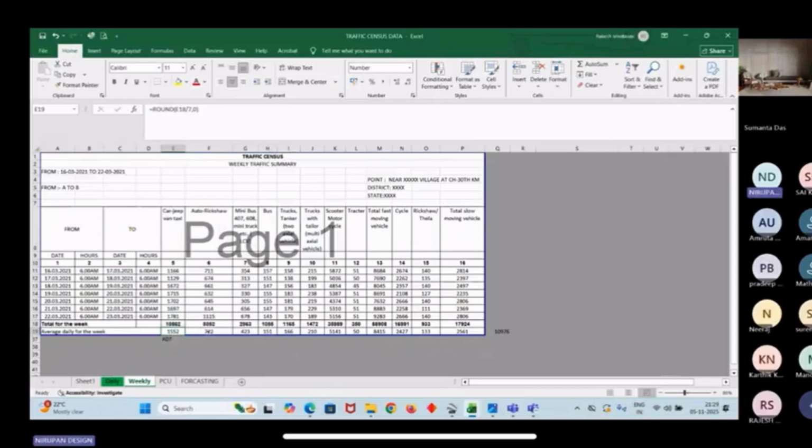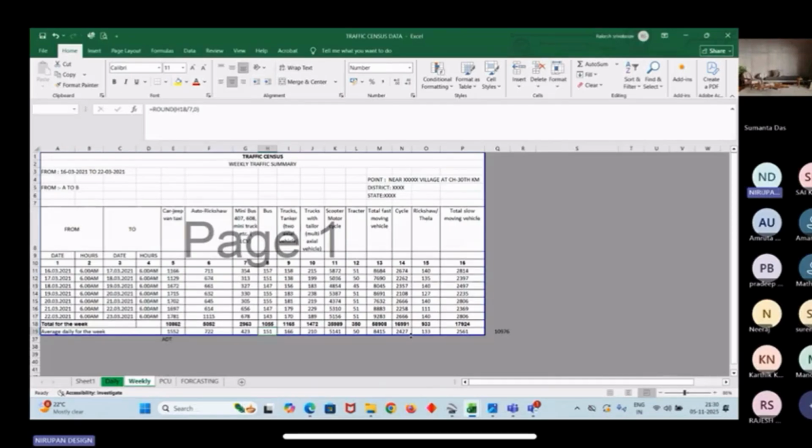Similarly, in the formula you can see, divided by 7, you will get the average daily traffic for bus, truck, 2XL, 3XL, all kinds of vehicles. But you know our design will be based on the average annual daily traffic, based on the yearly traffic. Got it?